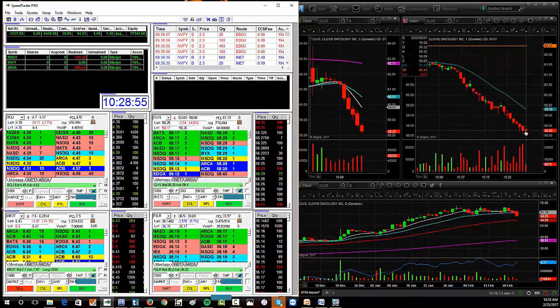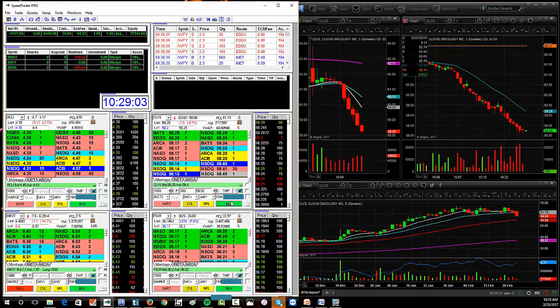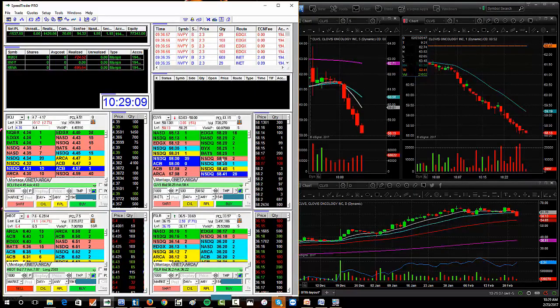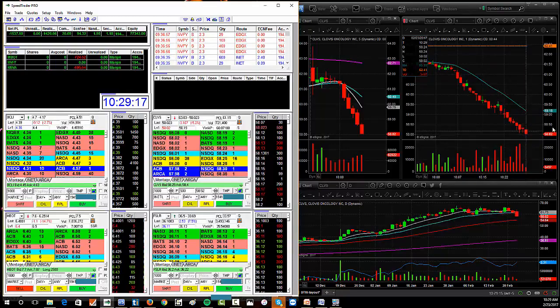So the high of the last candle there is 32. We'll see if it breaks below 58 and then pops back up. Possible entry around the whole dollar.